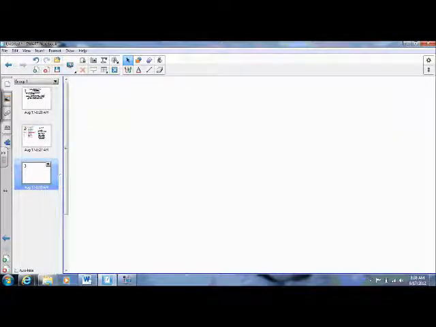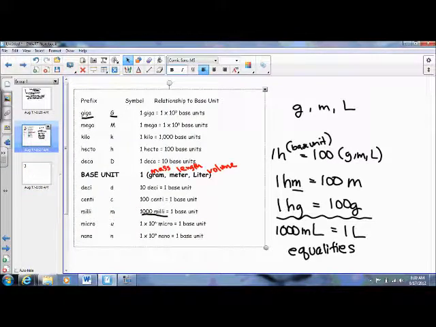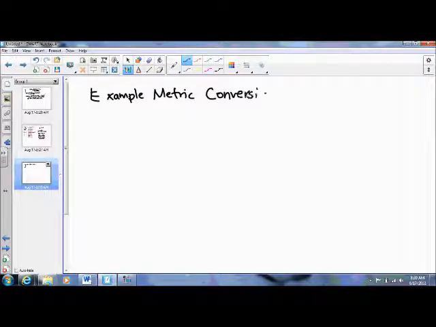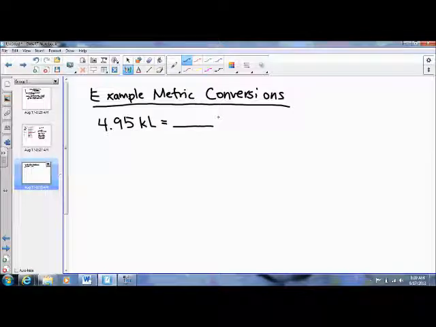We're going to flip back and forth between this page, because this is information that we need, and some example problems. When you do a metric conversion, you're always given some type of number, and then you're asked what the equivalent value of that is in liters, or some other unit.